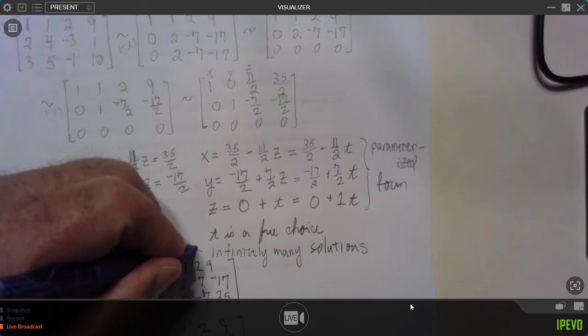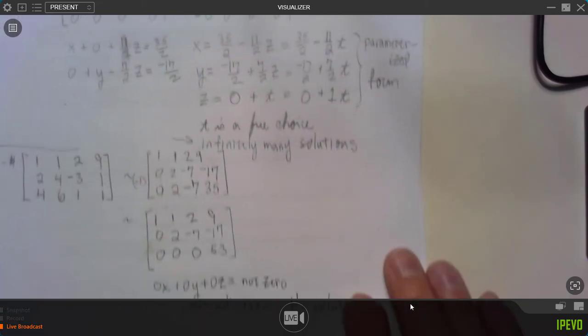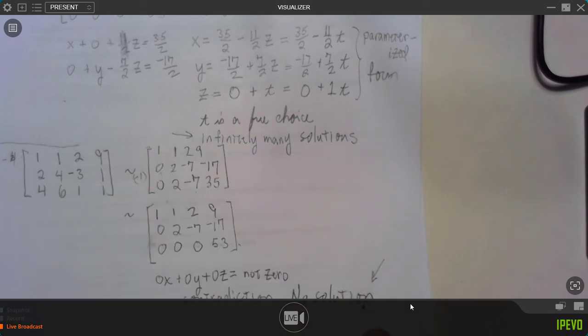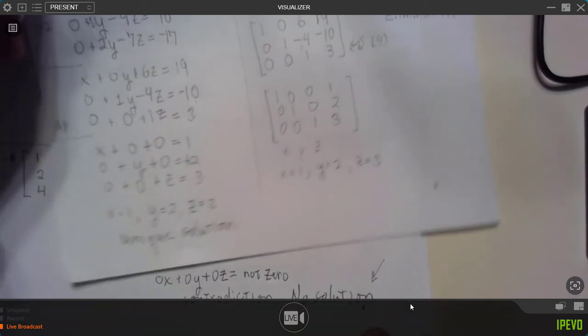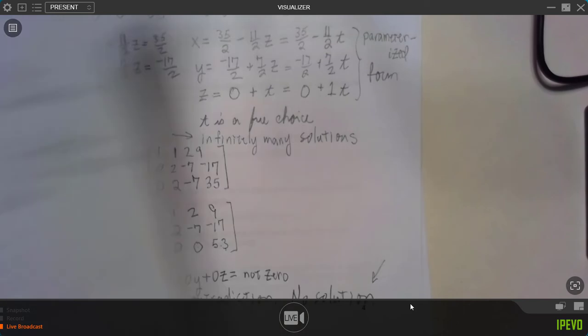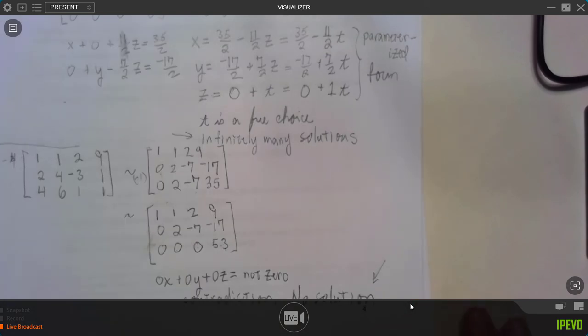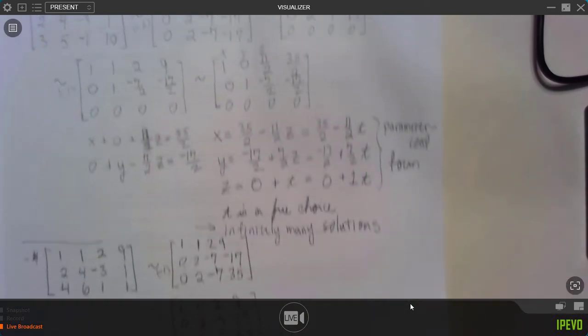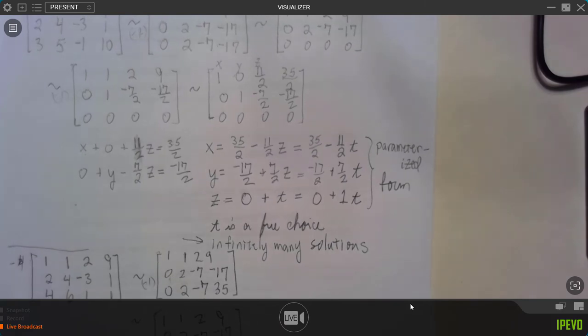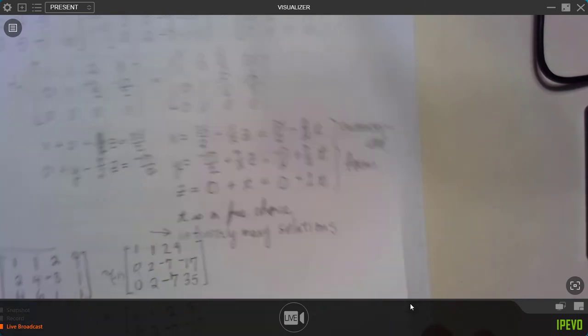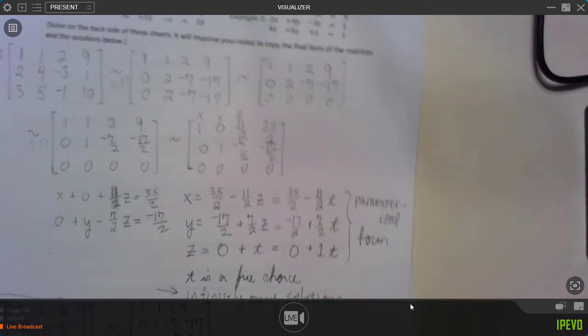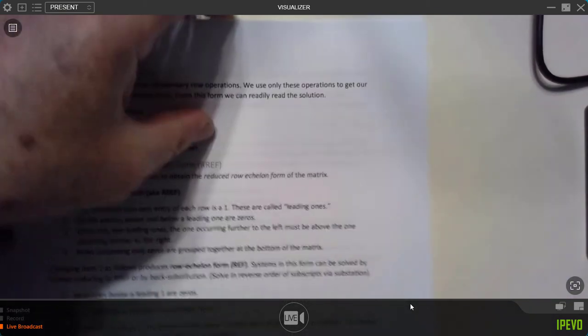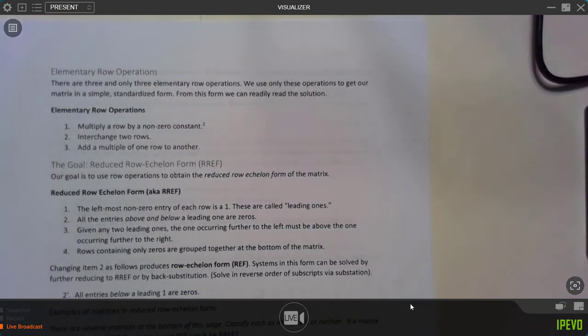You could have infinitely many solutions, no solution at all, or a unique solution, and that is all that is possible. So we're going to let that go at that, and I will make a separate recording for the next page that starts talking about elementary row operations.